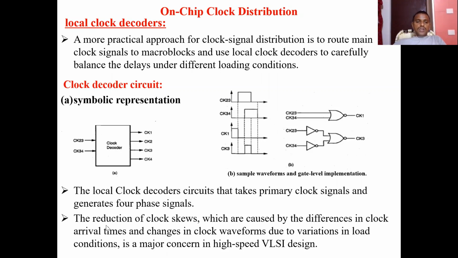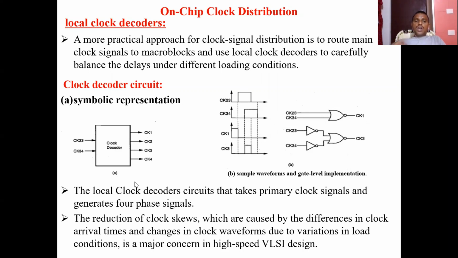Next, the reduction of clock skews, which are caused by the difference in clock arrival times. So what does clock skew mean? It is the difference in clock arrival times and changes in clock waveforms due to variation in load conditions. It is a major concern in high-speed VLSI design.